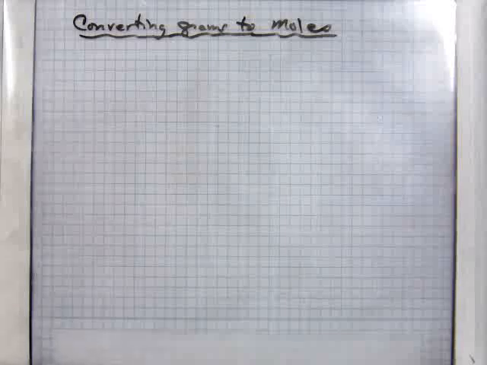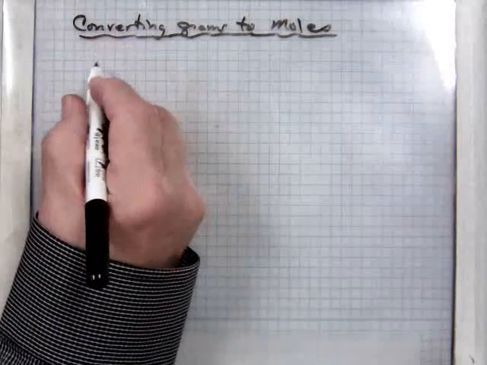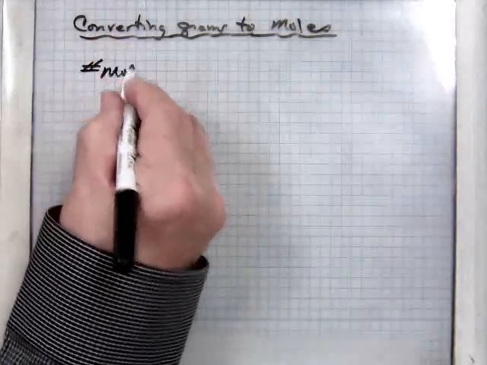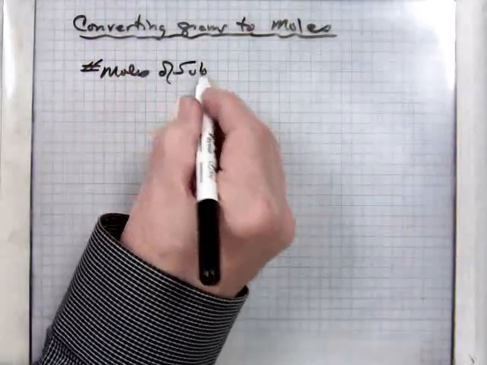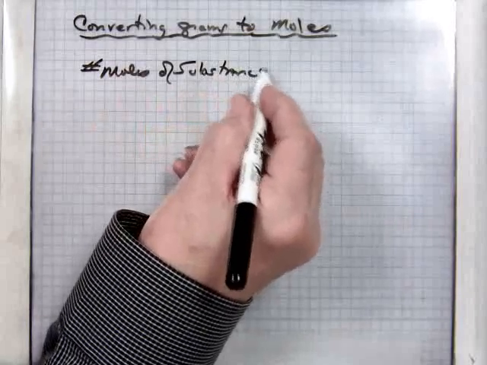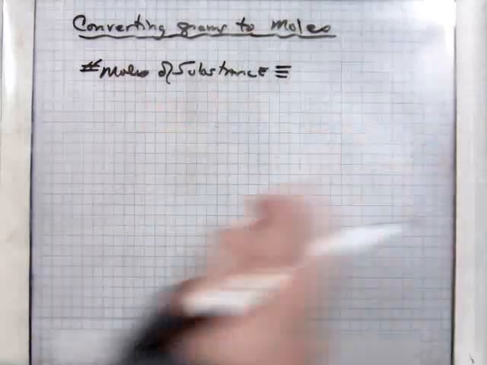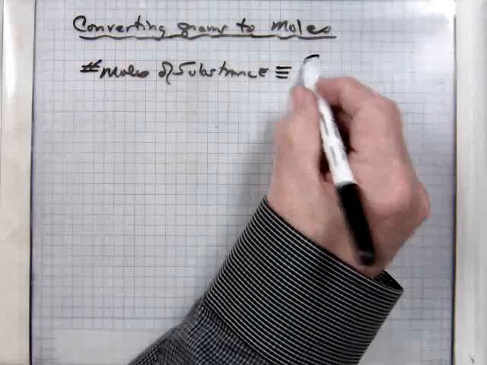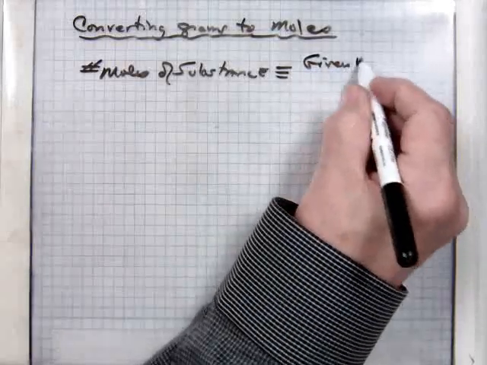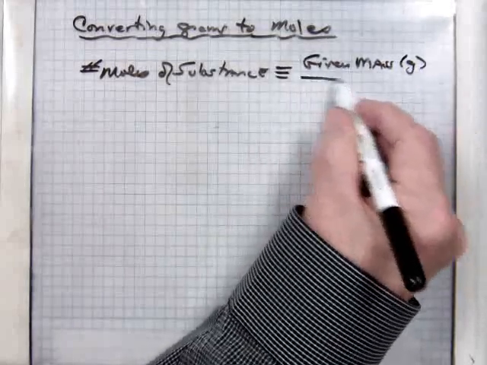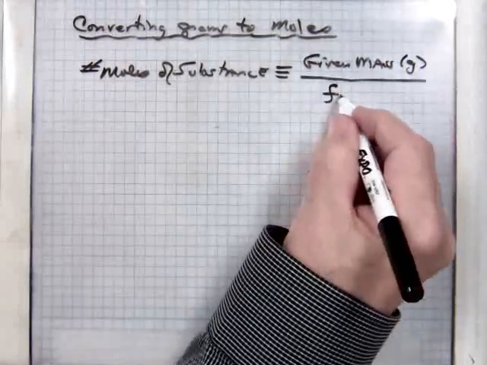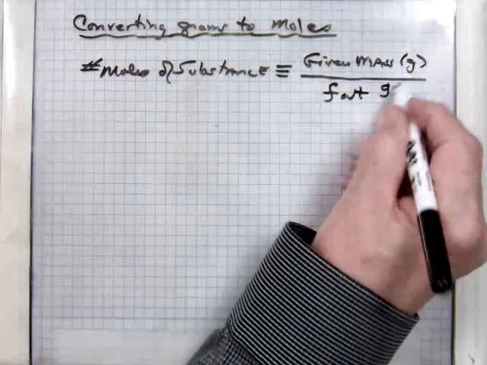How many formula weights are there in the given? So the number of moles of substance is always, by definition, given mass in grams simply divided by the formula weight, which will be in grams per mole.